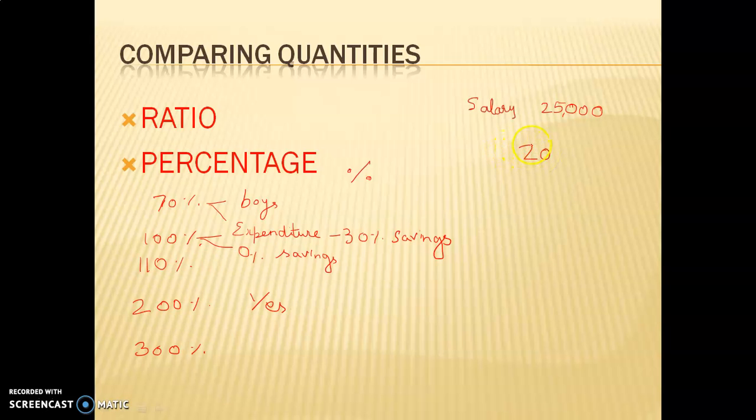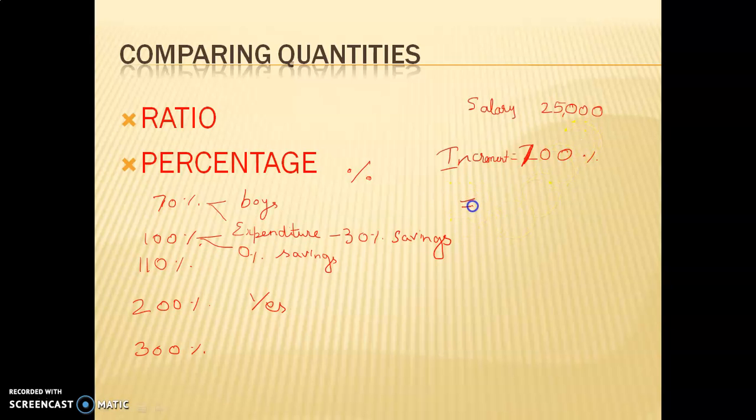Let me start with 100%, then you will understand. 100% increment. What does this mean? Increment is 100%. I'm not saying increment is 10% or 20%, which is going to be something lesser than 25,000. But I say the increment for that person is 100%.